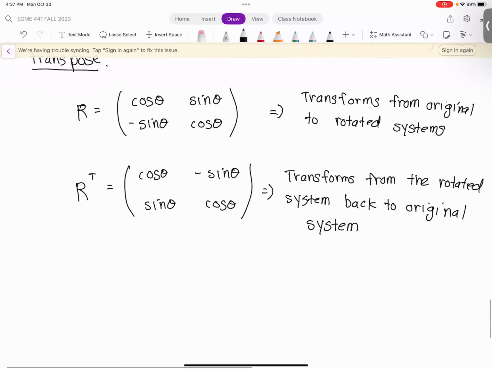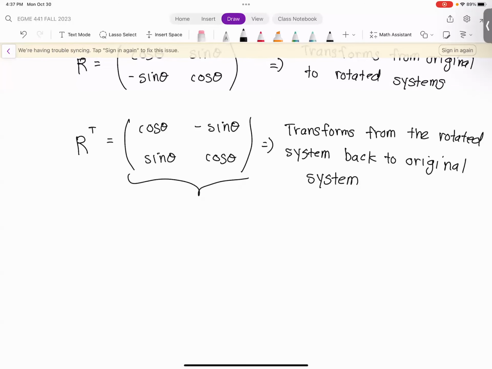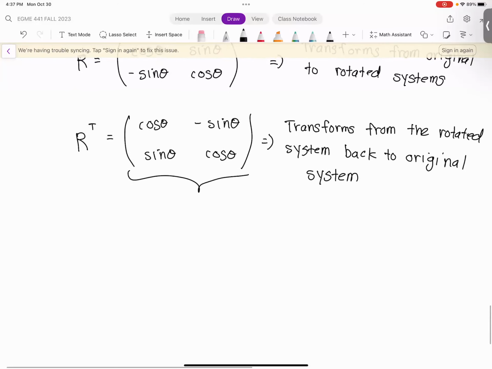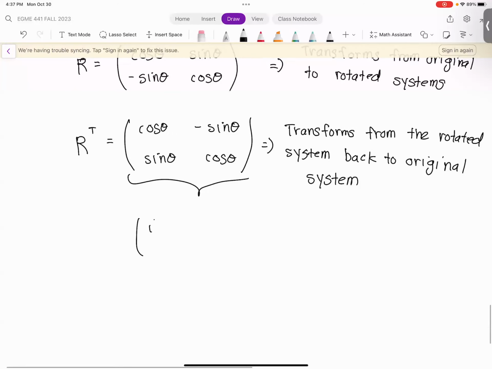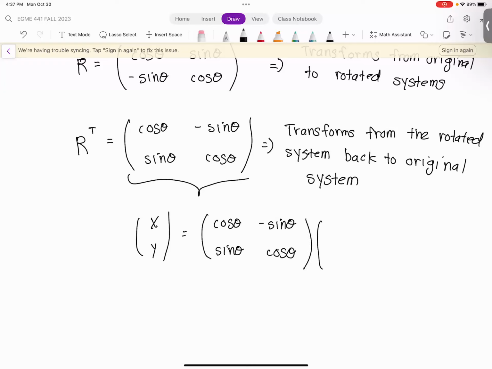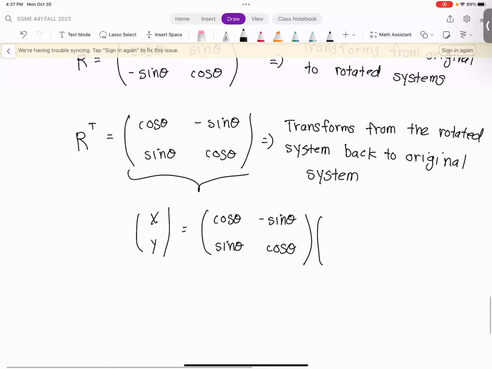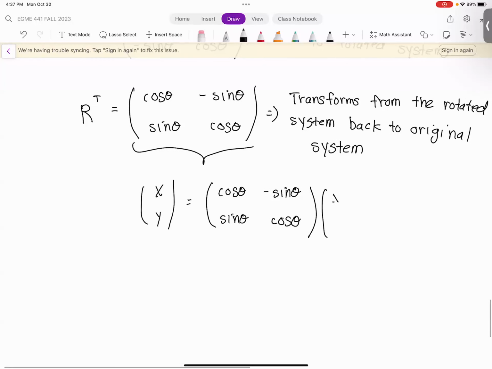And so the way to use this transpose matrix would be like the following. It would be x, y, which is more general, where x, y would be coordinates in the original coordinate system. And you have the transposed matrix, cosine theta, minus sine theta, sine theta, cosine theta, and the thing that you multiply by this matrix would be the coordinates in the rotated system, so this would be x prime, y prime.